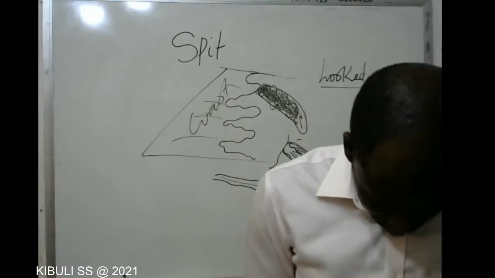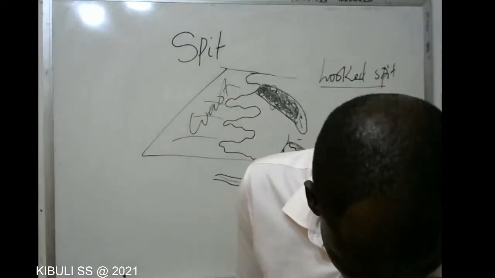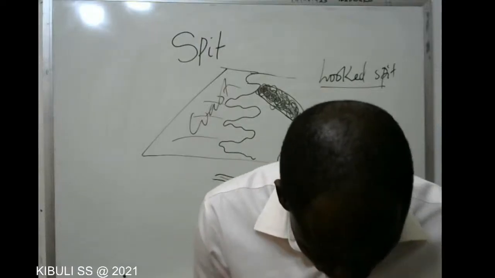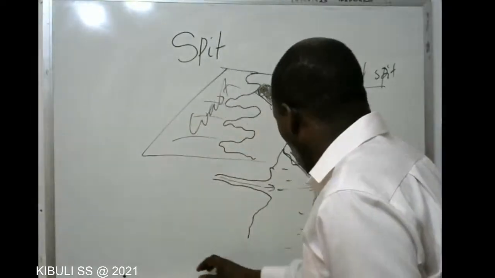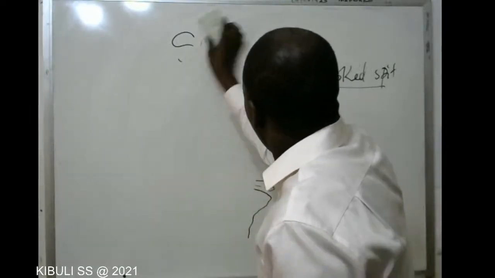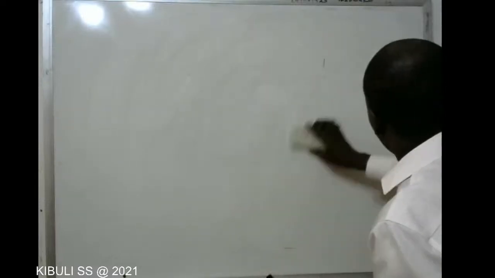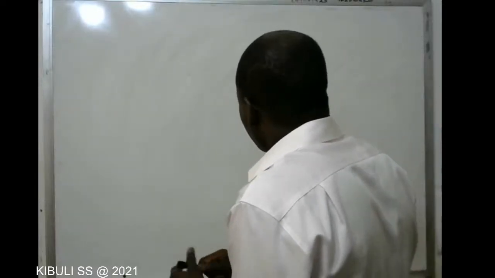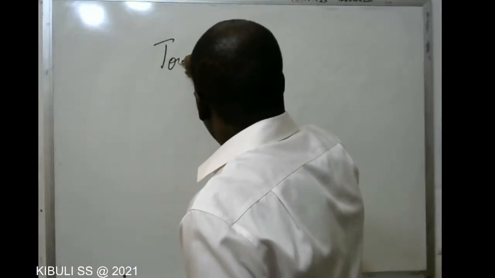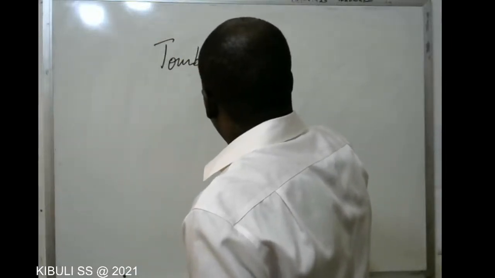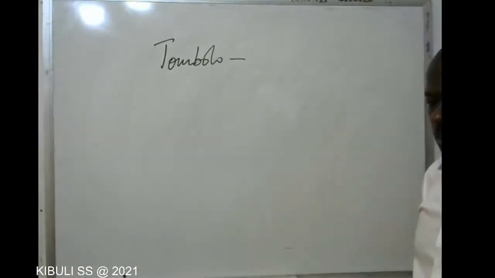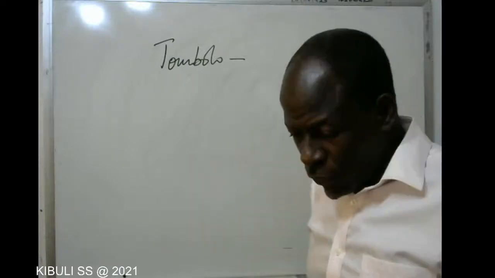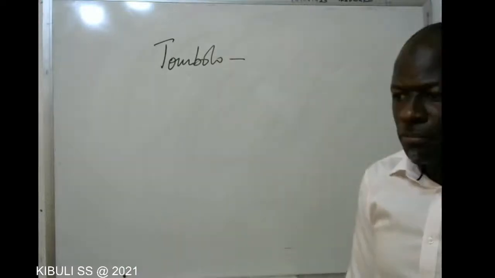The other feature, as we continue looking at features or landforms formed by wave deposition, is called the Tombolo. In some cases, we can say that a Tombolo is just a type of spit, but it grows from the coast and connects to an island.